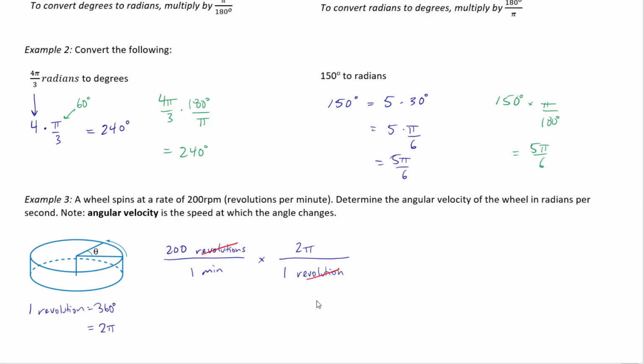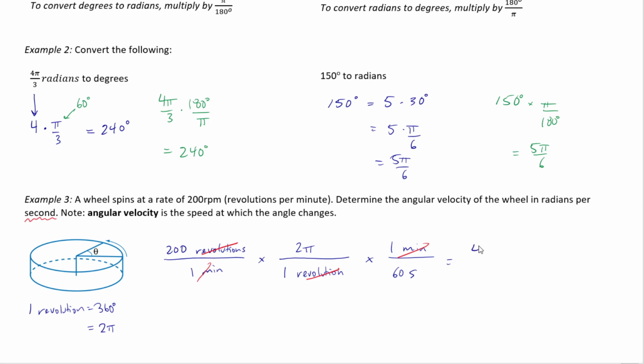Okay, so I cancel revolutions because it's top and bottom. All right, but this is 2 pi for every minute, right? And I think the question is asking me to do it for every second. So I need to get rid of minutes, and I say, okay, for every 1 minute, there are 60 seconds. That allows me to cancel out minutes and minutes.